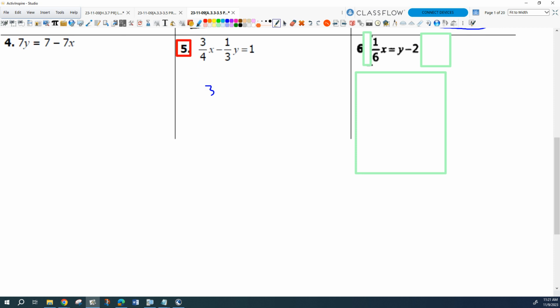Let me rewrite this. What do I do to clear those fractions? I distribute a 12 through. Okay, we're getting pretty good at this. There was still a little bit of confusion about how to do this on the test, but it's getting much, much better.